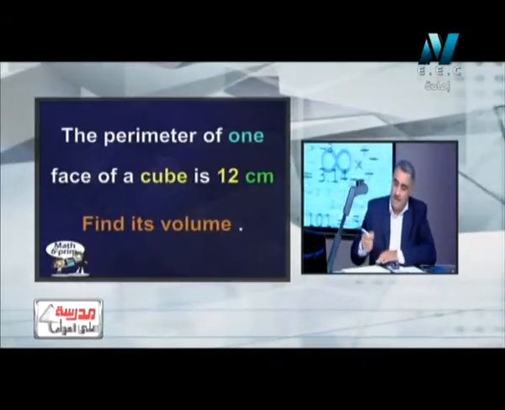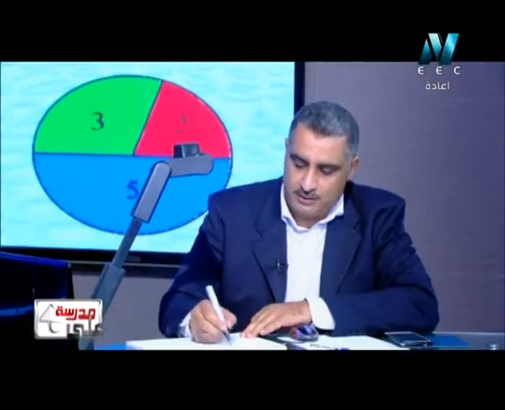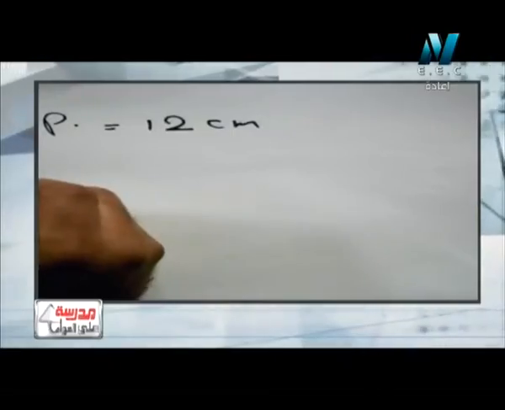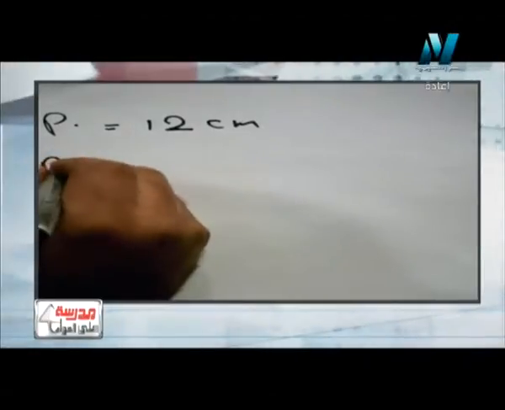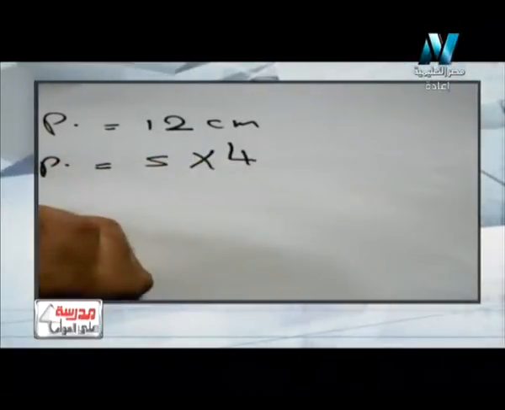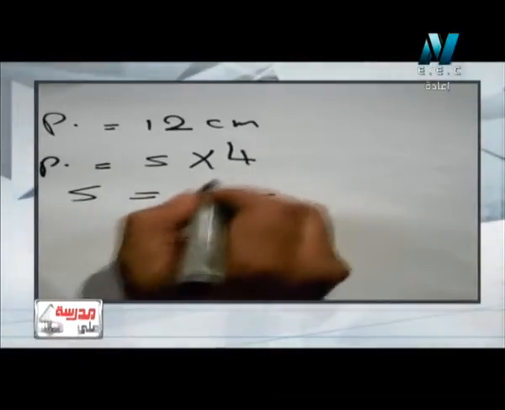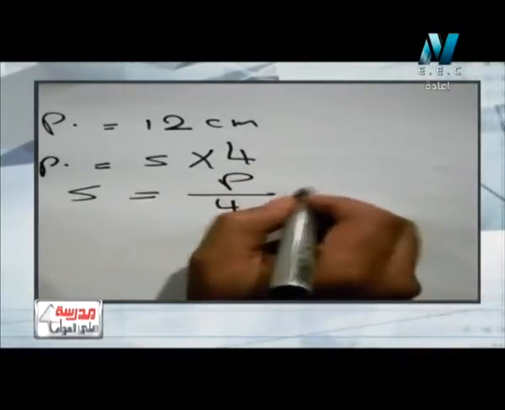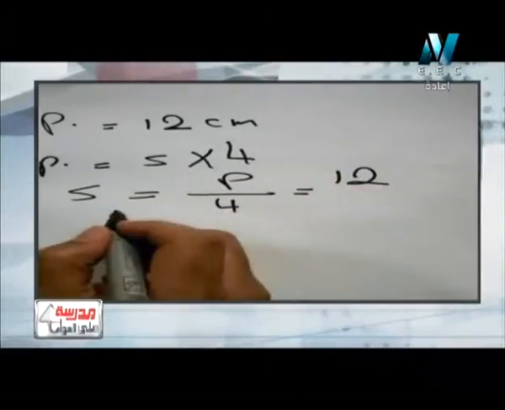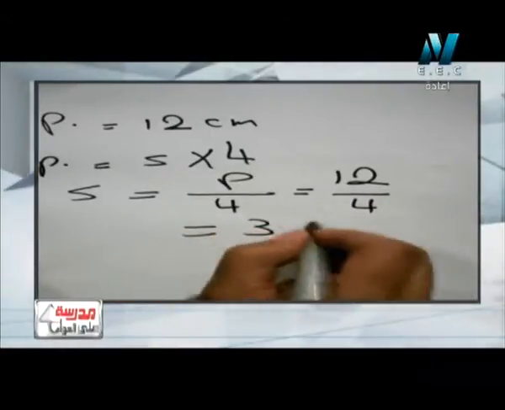We have perimeter of one face equals what? Equals 12 centimeter. And we know perimeter of a square equals side times 4. So we can deduce the side or the edge equals perimeter divided by 4. The perimeter equals 12. 12 divided by 4, the edge length will be 3 centimeter.